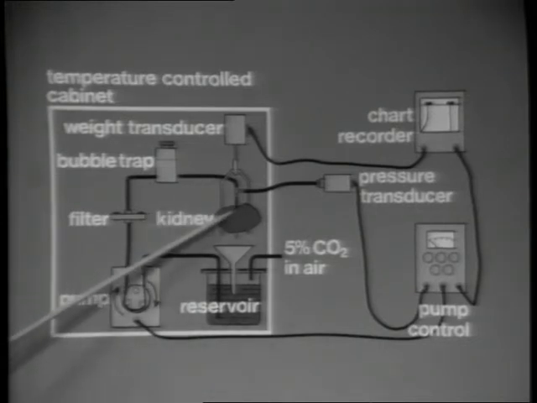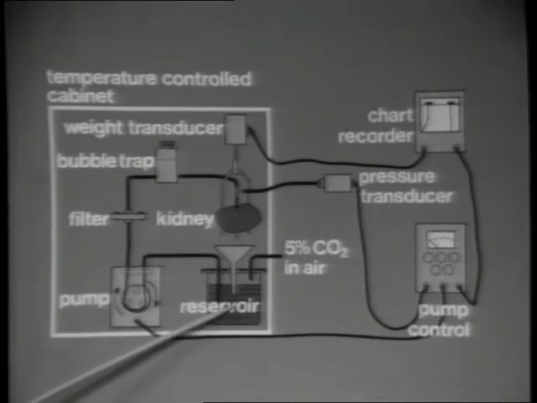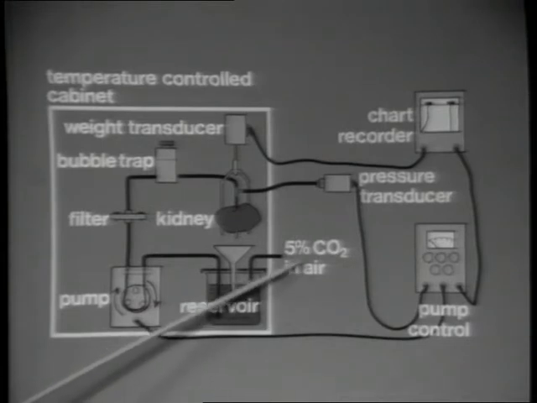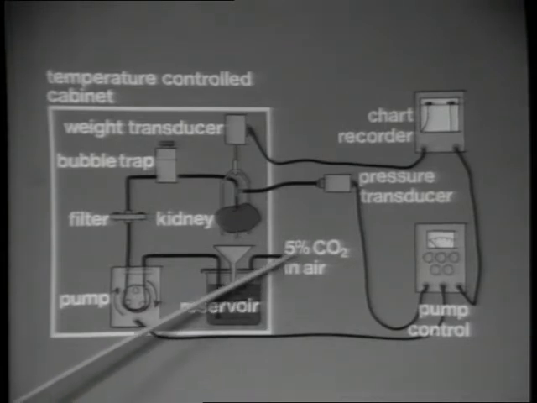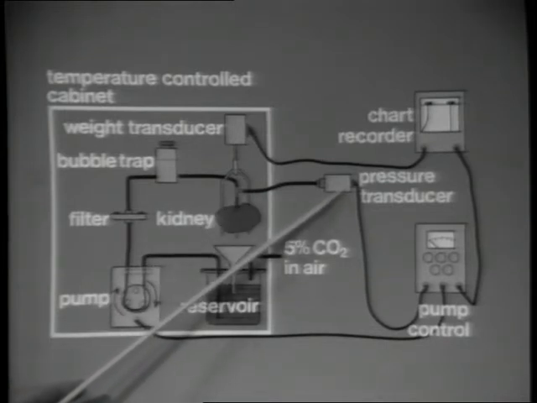The kidney is suspended, in this case, from a weight transducer so that we can continuously monitor edema. The venous effluent falls into a reservoir where the pH is maintained by passing 5% CO2 in air over the perfusate. It is then pumped through a submicron filter, a bubble trap, to an arterial cannula where the pressure is monitored.